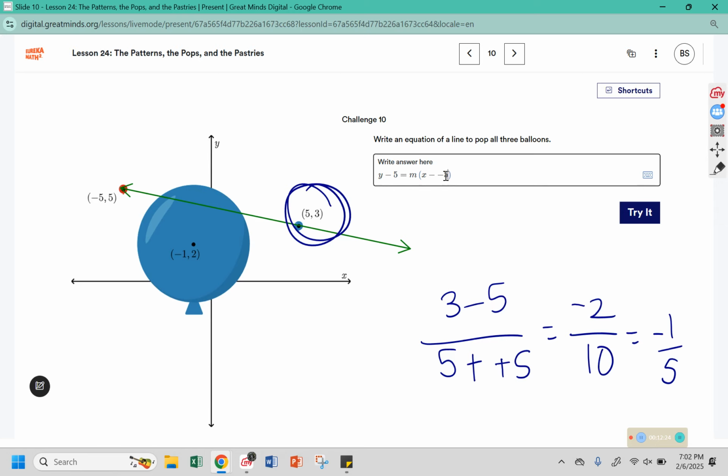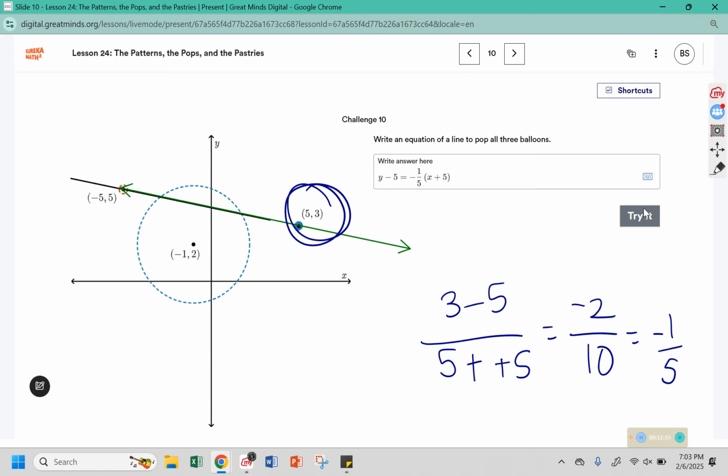Again, minus a negative can be changed to plus with a positive, and our slope was negative 1/5. And we got all 3.